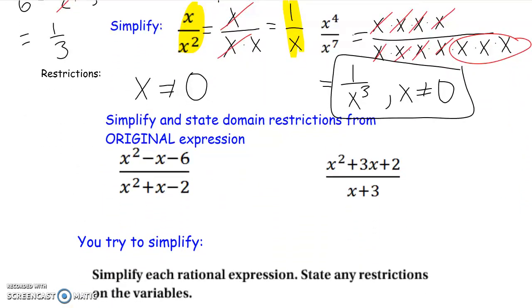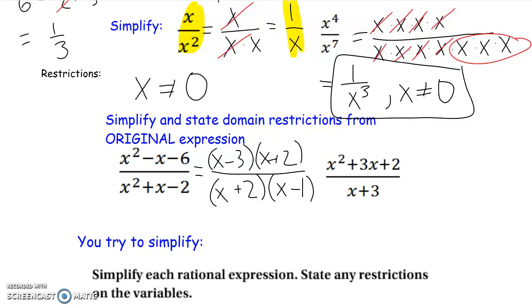When we're simplifying a little bit more involved rational expressions, the best way to go about that is to factor both the numerator and the denominator. So in this first example, the numerator would factor as x minus 3 and x plus 2. And the denominator factors as x plus 2 times x minus 1.